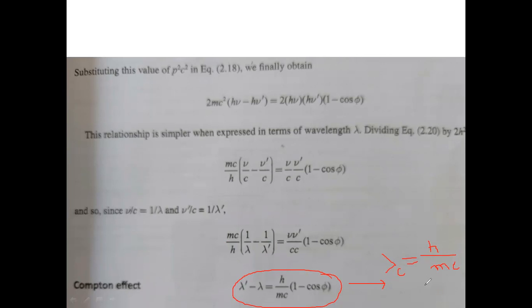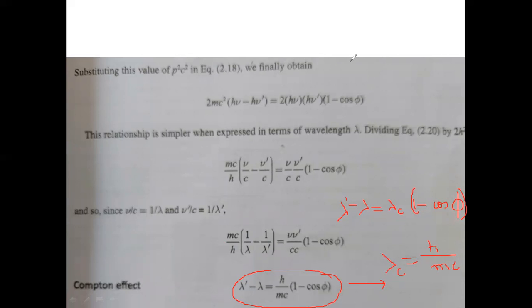And hence the final equation becomes, I am writing the final equation here, lambda dash minus lambda equals lambda c into 1 minus cos phi. Hence we get this equation.